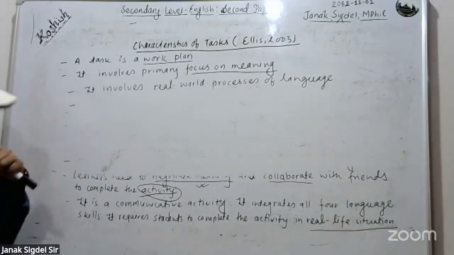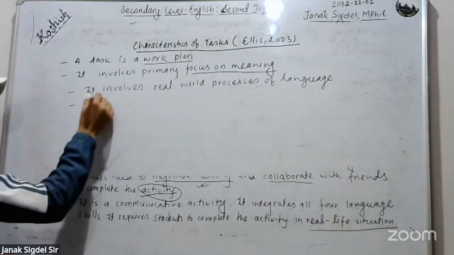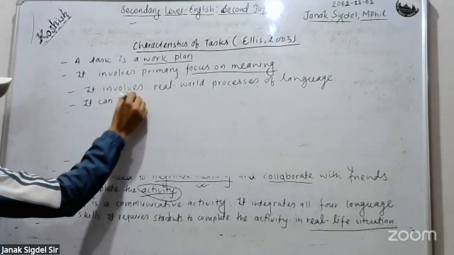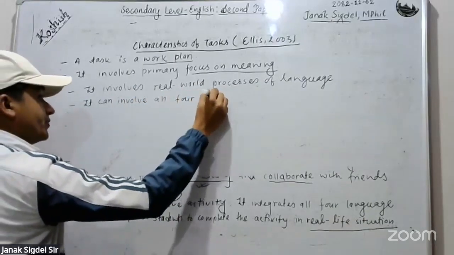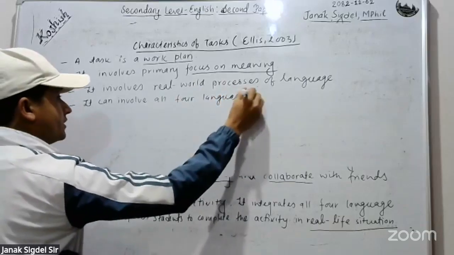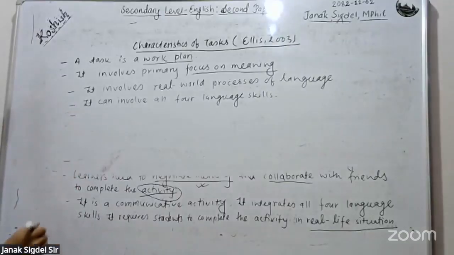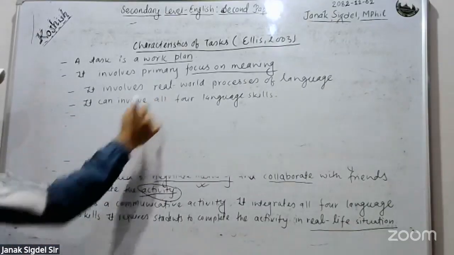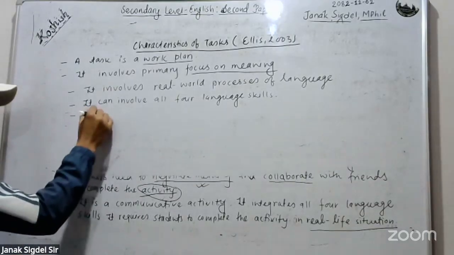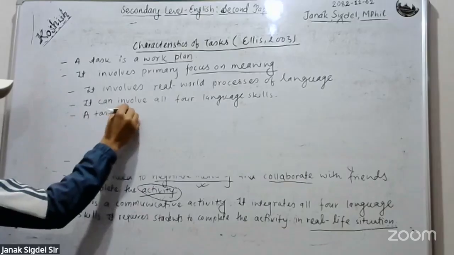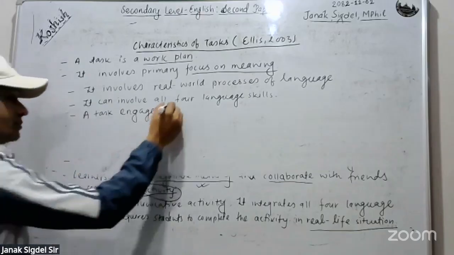So next, it can involve another feature. It can involve all four language skills. According to Ellis it integrates all four language skills. So a task engages the cognitive process.